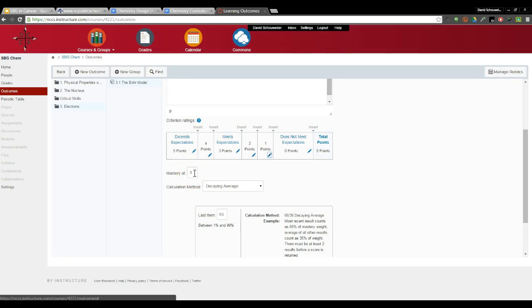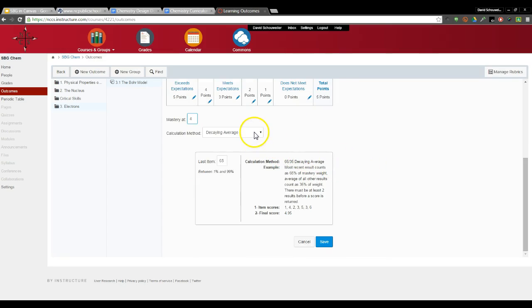Also by default, Canvas defines mastery as a level 3. But let's say instead I want students to achieve a level 4. And so when students get 4 points on this objective, that tells me exactly that students understand everything within this outcome. Canvas also gives you several options for how these scores are recorded.